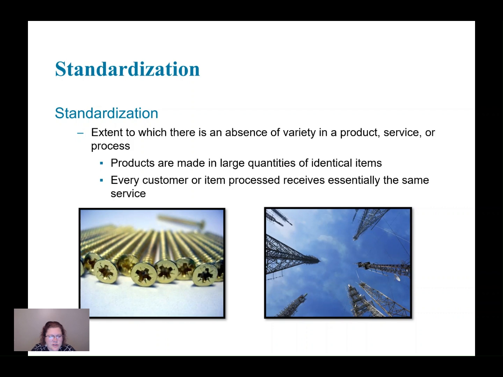So there are some other strategies that we can use to try to make our supply chains more efficient, more predictable. Standardization is when you make large quantities of the same thing. So, in this case, I've got a picture of some screws or a standardized cell service that we all use for our phones. That brings down the unit cost to be cheaper for everyone.